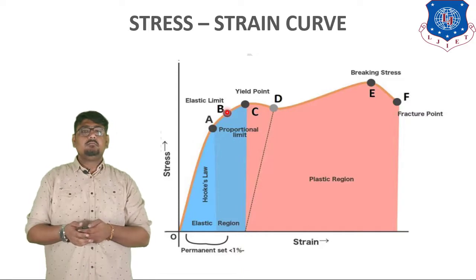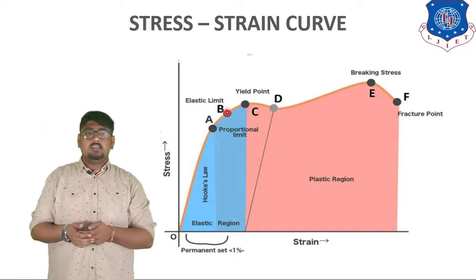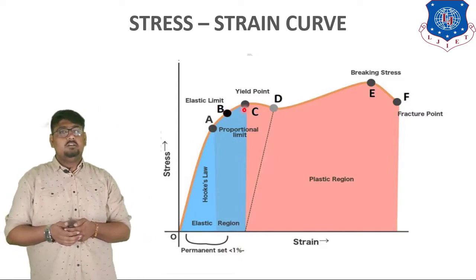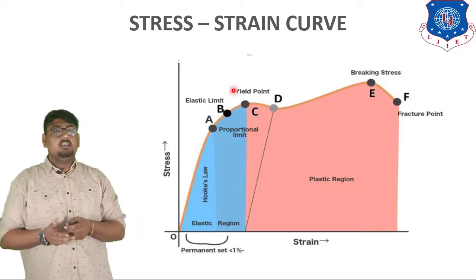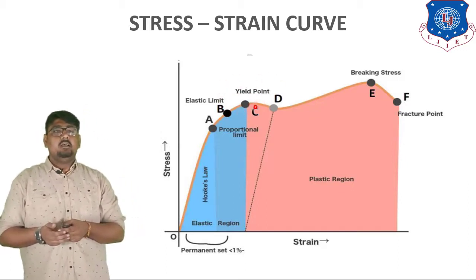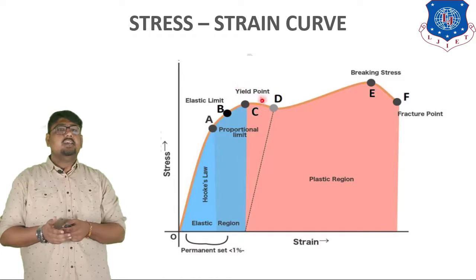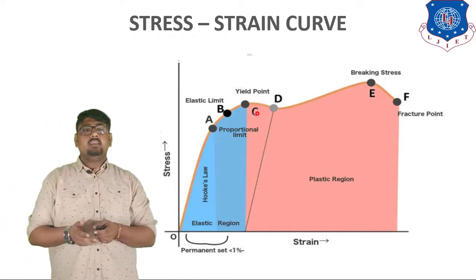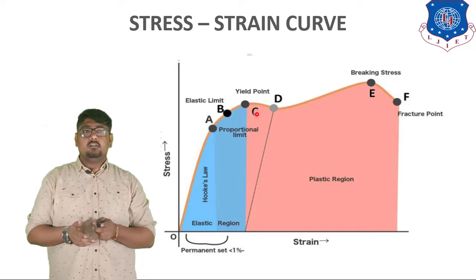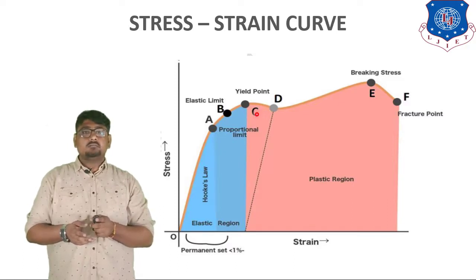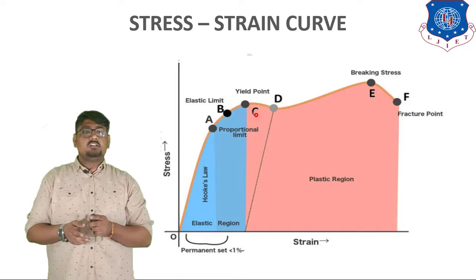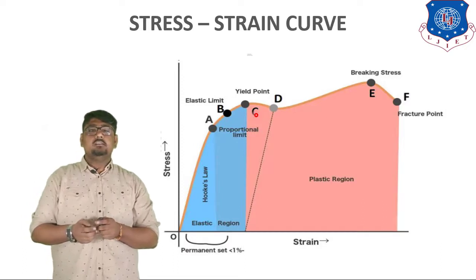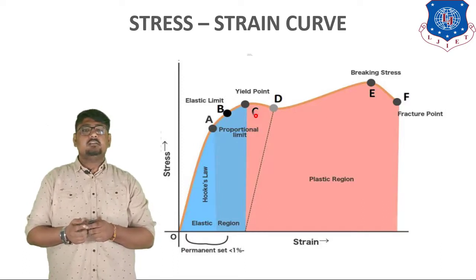Now the third is the upper yield point. The point C is called the upper yield point, and at this point there is an increase in the strain even though there is no increase in the stress or the load, because the value of the stress corresponding to point C is known as the yield stress.